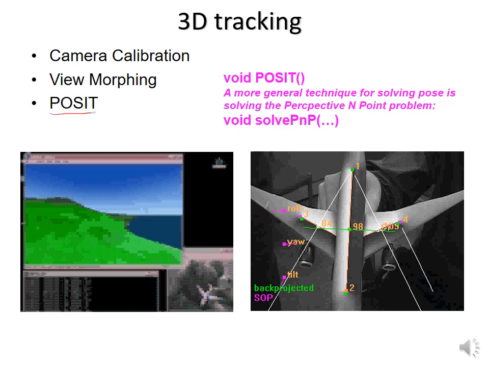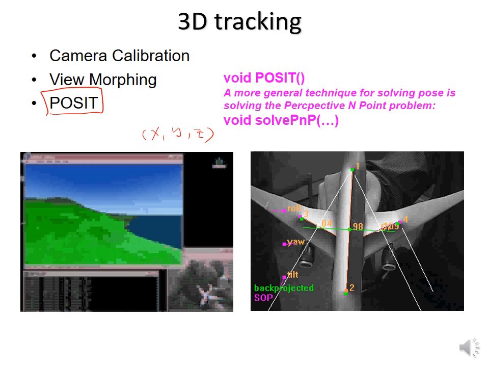POSIT can estimate the X, Y and Z translation and the rotation vector between the camera and the model's coordinate system.